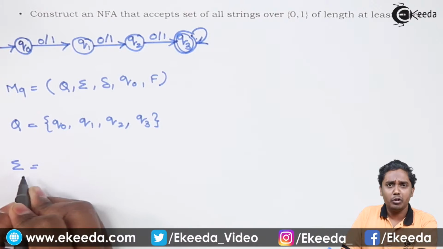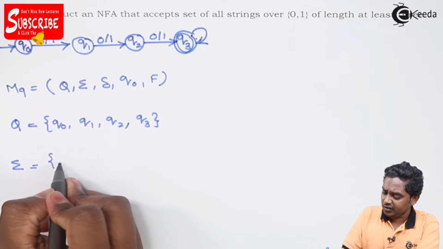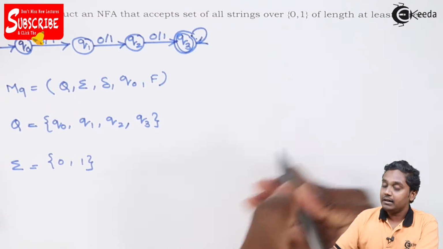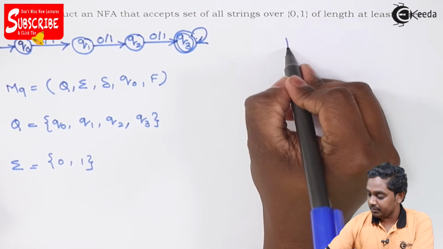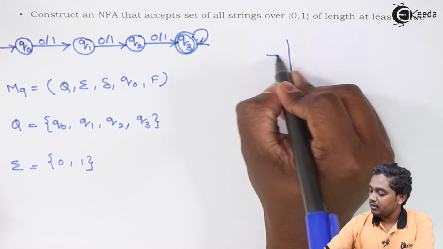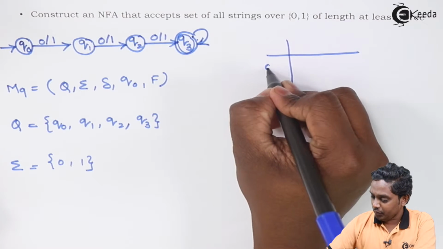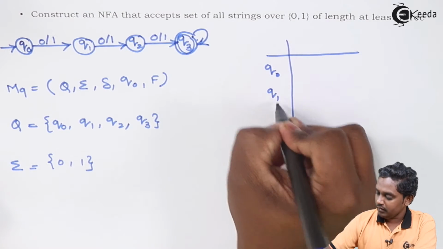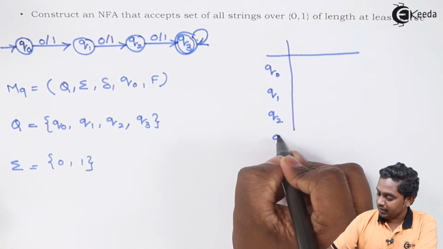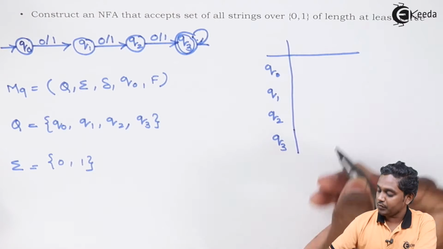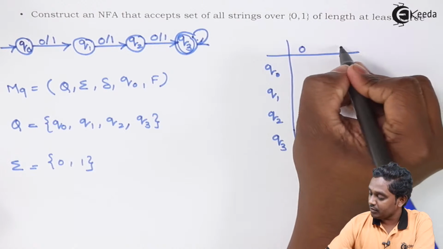Sigma is the input alphabet set, over here it is 0 and 1. Delta, let's draw as a table. On Q0, Q1, Q2 and Q3, we have transitions to various states for the input symbols 0 and 1.